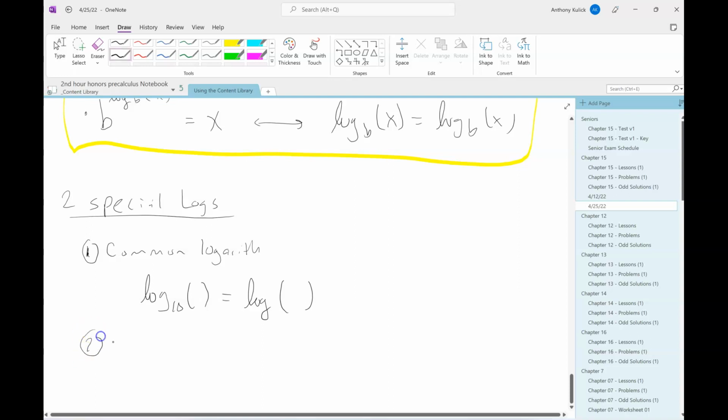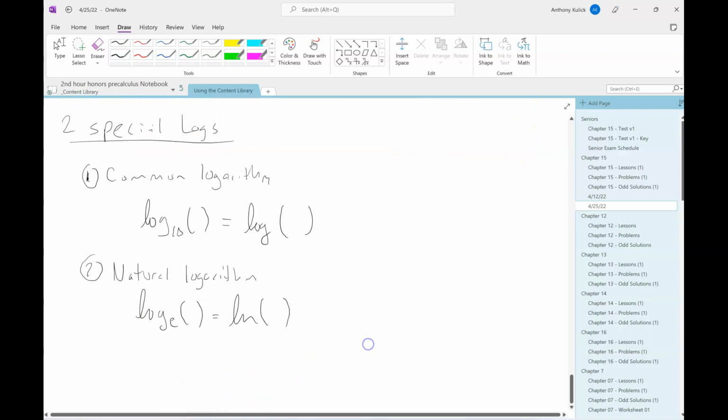The other is the natural logarithm. Oops, I forgot the m at the end of that. That's log base e. But again, we don't write log base e. We write ln. You'll notice that when I'm writing my logs, I'm always writing them cursive or script.